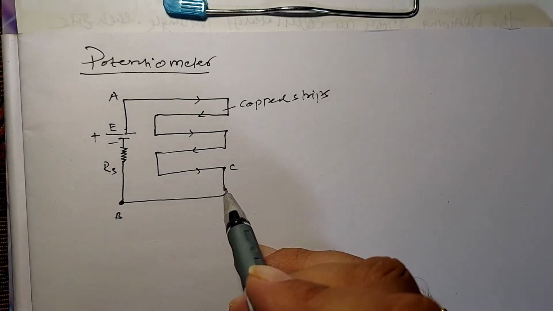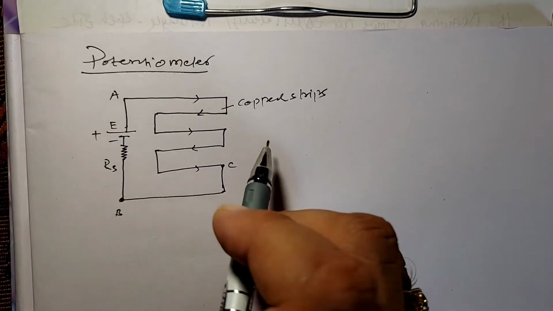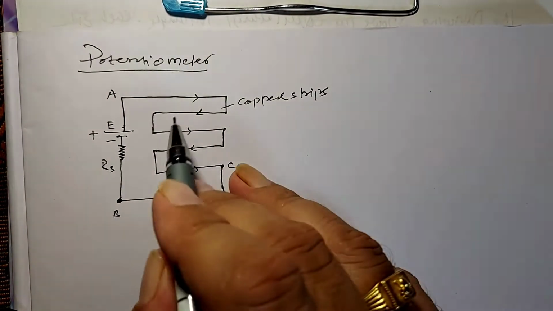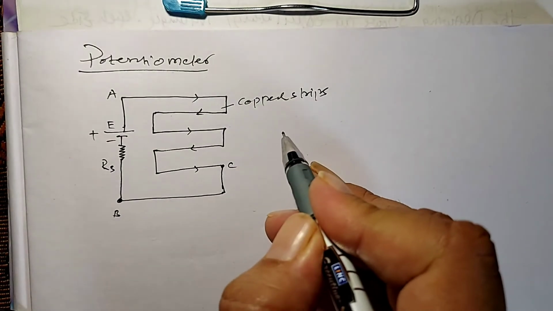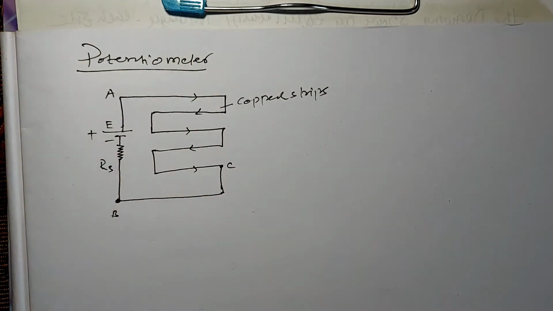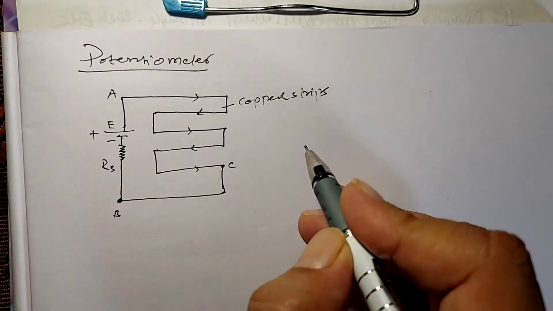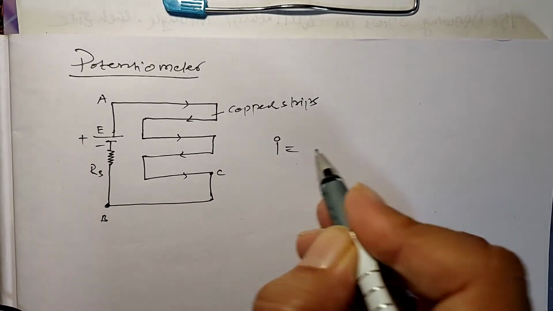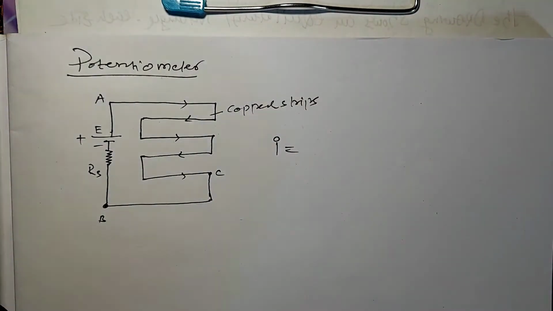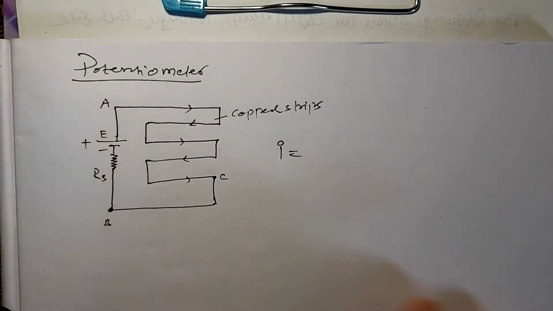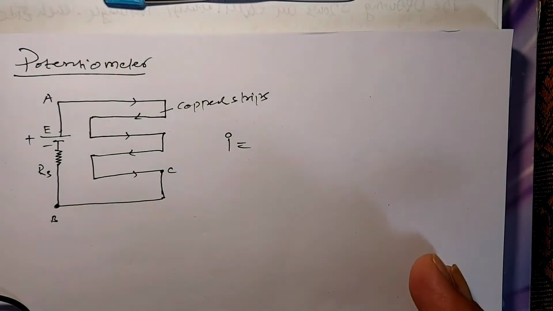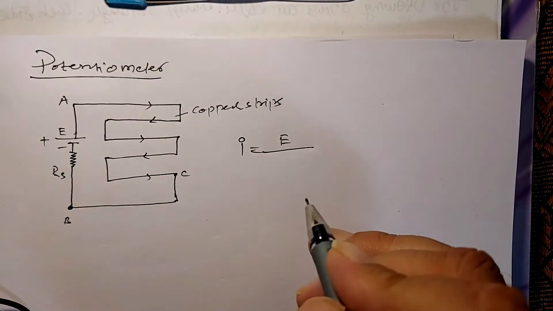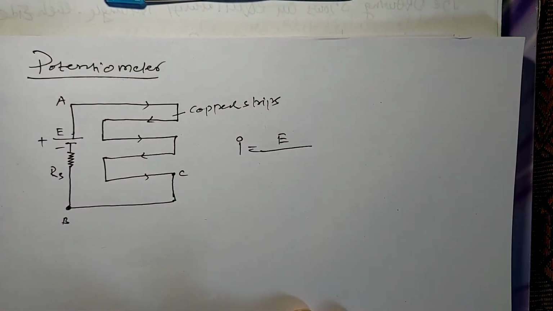Now we want to find out the current passing through the circuit in the potentiometer. The current I is equal to the total EMF E divided by the total resistance.